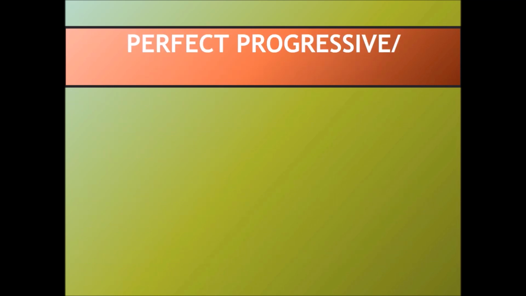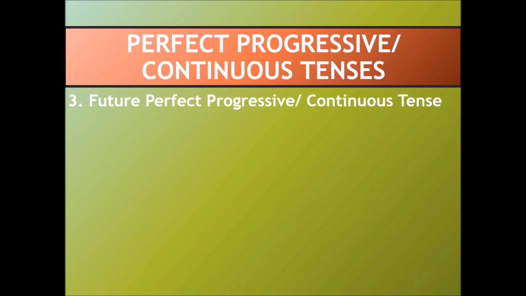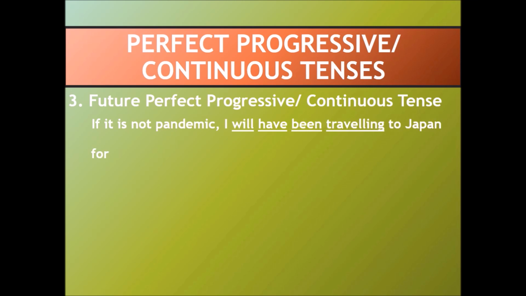For the last group, the perfect progressive continuous tense, we have the future perfect progressive continuous tense. The example is, if it is not pandemic, I will have been traveling to Japan for twice already, wherein will is a helping verb plus another helping verb have plus another helping verb been to the main verb traveling.